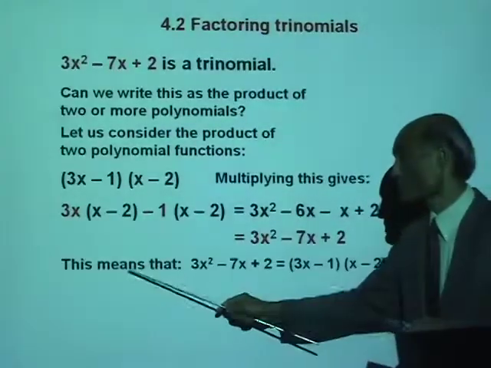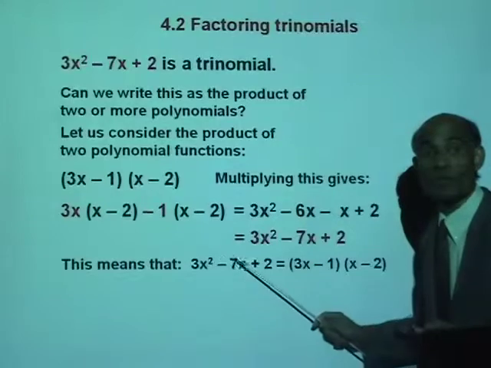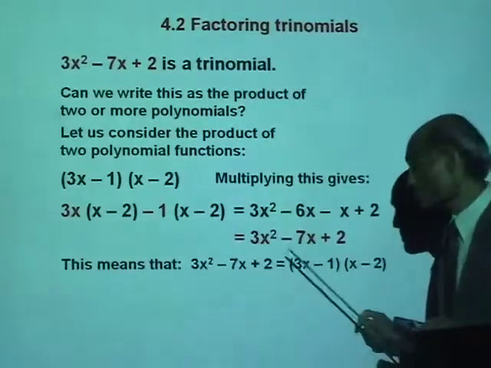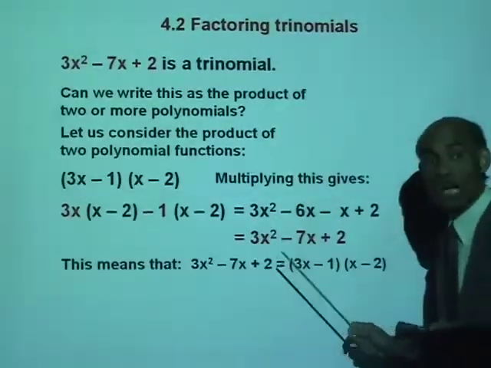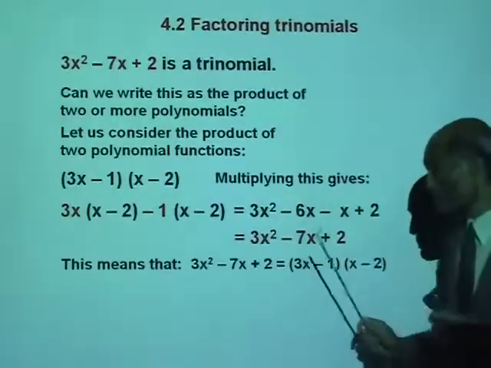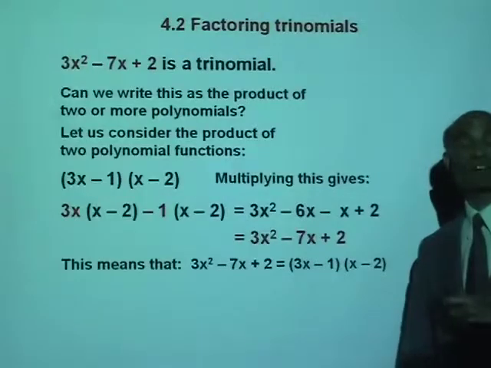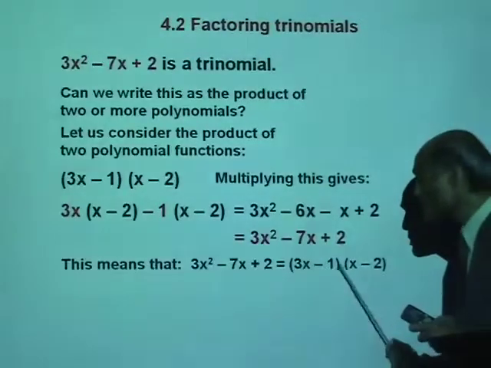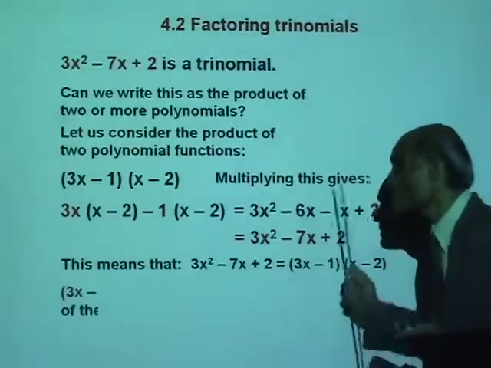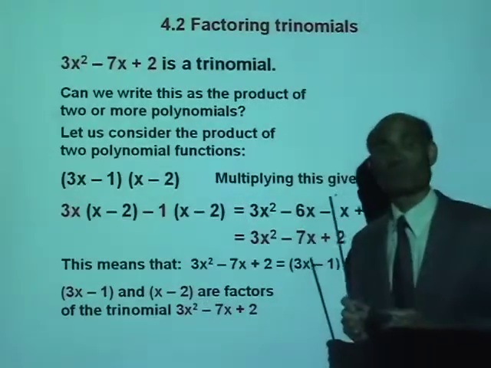There you are. So this means that 3x squared minus 7x plus 2 can be written as the product of two binomials, 3x minus 1 times x minus 2, and these are called the factors of the trinomial.